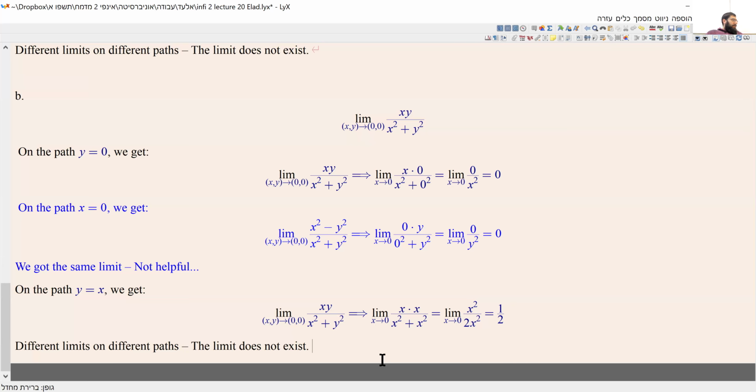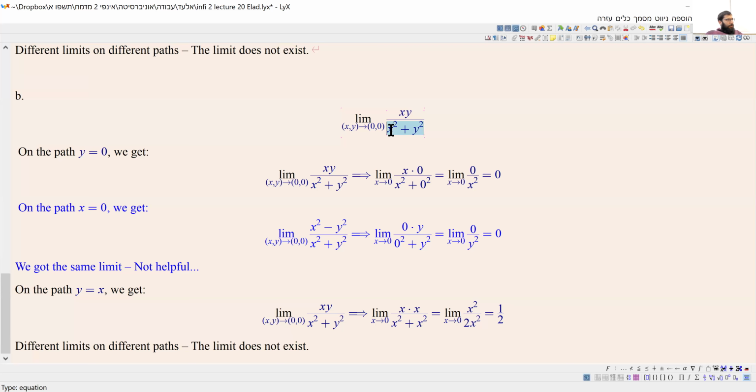Notice, I should have done it before we started the example. Intuitively speaking, one can formally define it, but it's not necessary. Intuitively speaking, the degree of the denominator is actually 2. What is the degree of the numerator?